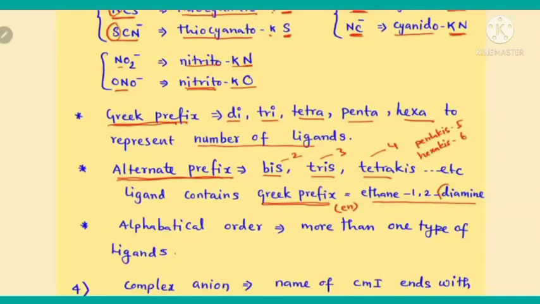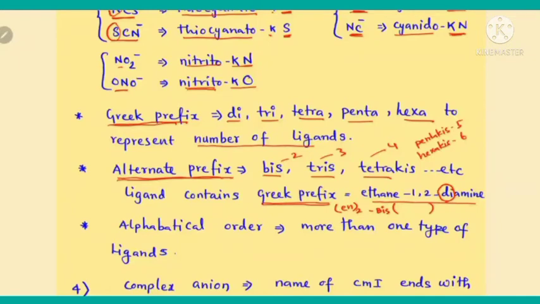Here there is a term di. It's an ordinary Greek prefix. When we have this ligand in a complex, to represent its number, we should not go for Greek prefix. We have to go for alternate prefix. So suppose if this en ligand is present 2 times, then it is named as bis, not named as di. It is named as bis(ethane-1,2-diamine).